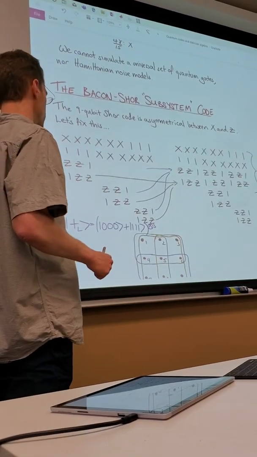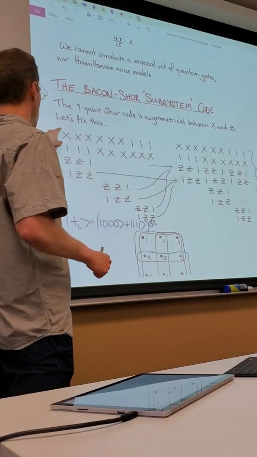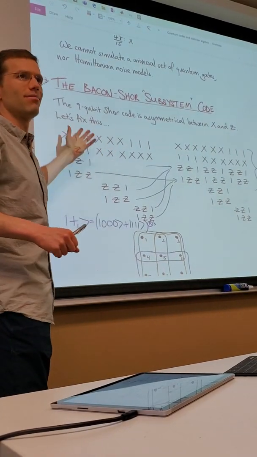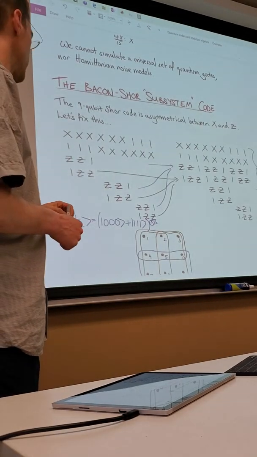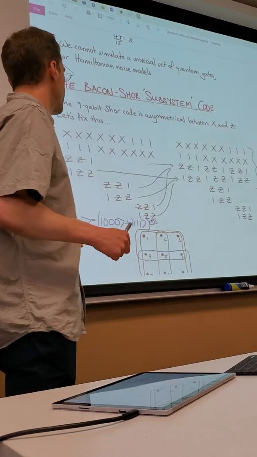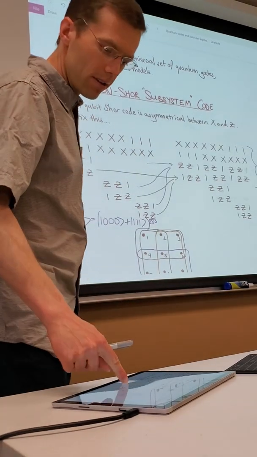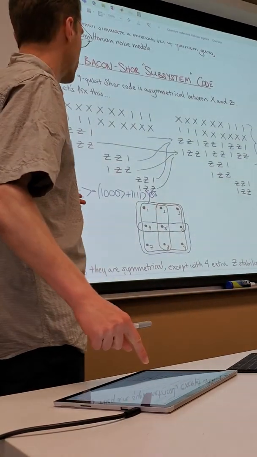Logical 0 is not so easy, because for logical 0 you have to add the z stabilizer, and it doesn't break into 3 parts or anything. So there's just asymmetry. But in the Bacon-Shor code, everything's symmetrical again.